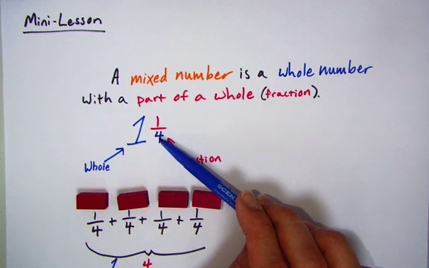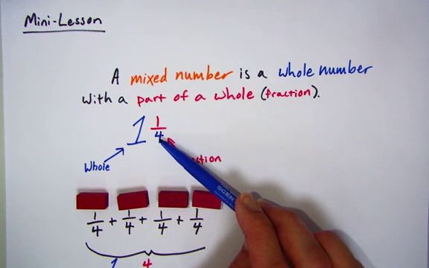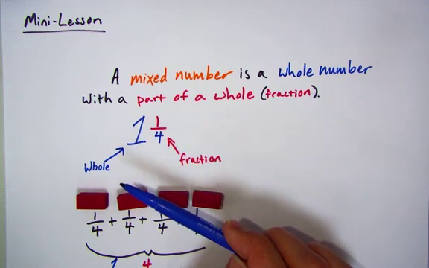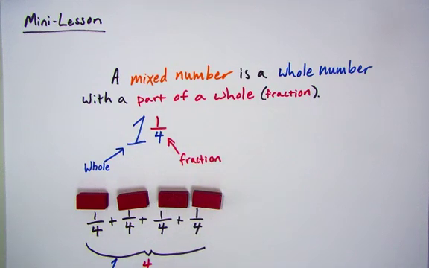If we have all the pieces that the denominator represents, then we have one whole. So right here, we have all four pieces of the four total parts. That means we have one whole. That means we have what the denominator represents. We have all that, or we're considering it.